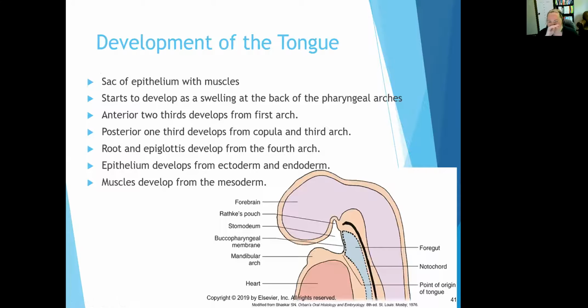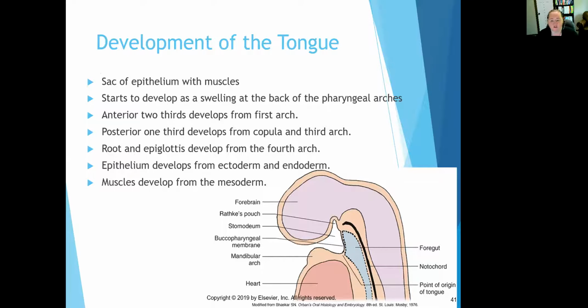All right. So development of the tongue, the sac of epithelium within muscles, starts to develop as swellings at the back of the pharyngeal arches. And once those arches kind of burst, it breaks through there. Okay, and that's important for you guys to know.